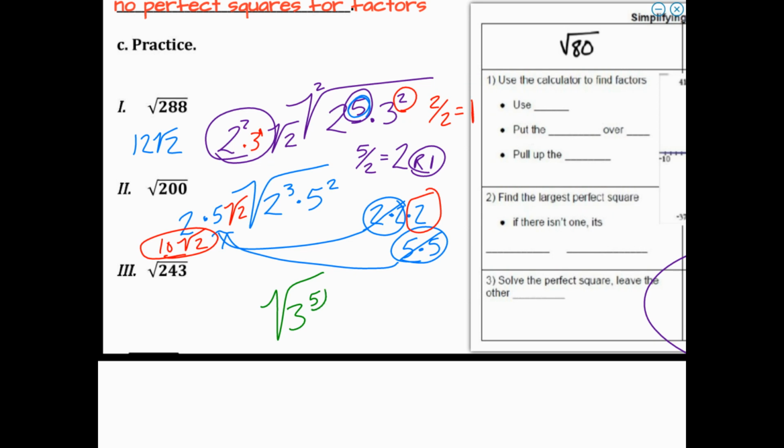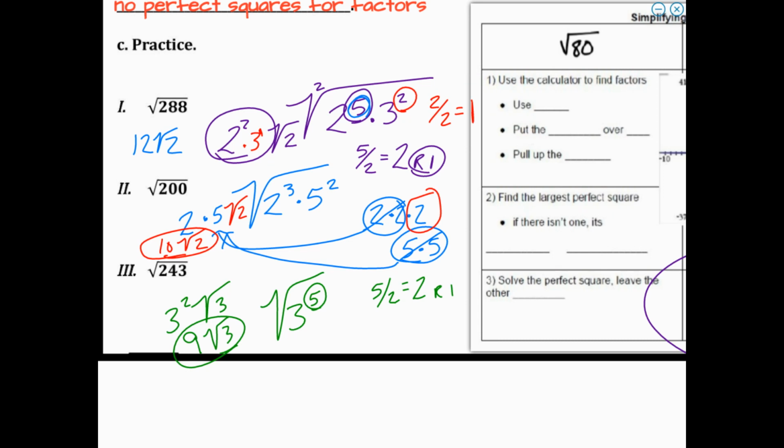Okay, so how many 3's can I take out? 5. 5 divided by 2 is? 2 with a remainder of 1. So I get to take 3 squared out, and I have to leave 1 3 underneath. And 3 squared equals what? 3 squared equals 9. So it's 9 square roots of 3 for my final answer.